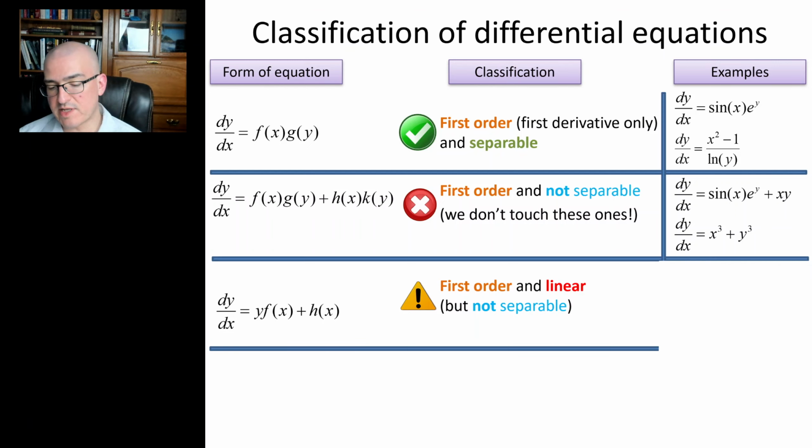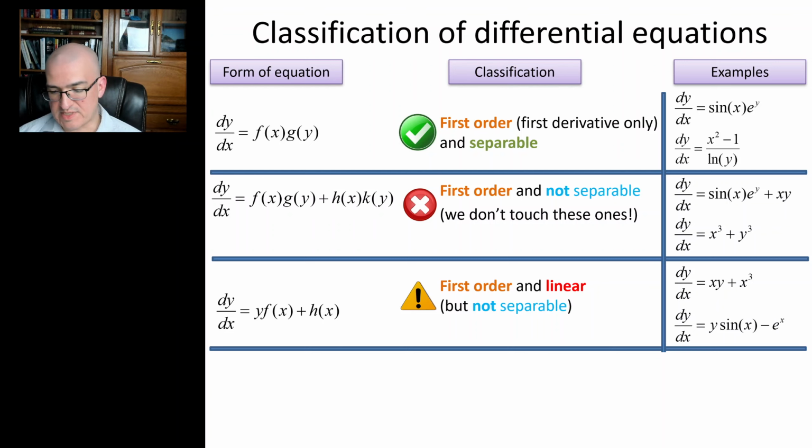The reason it's called linear is that it's linear in the variable y. It's not y squared, or square root of y, or 1 over y, or e to the y, or ln of y. It's just y. Some examples are given on the right-hand side. This first order linear differential equation can be solved in a very beautiful way. Now we'll see how to do that.